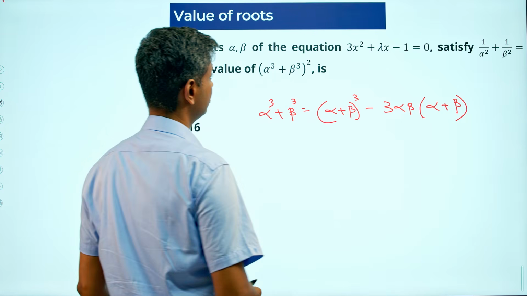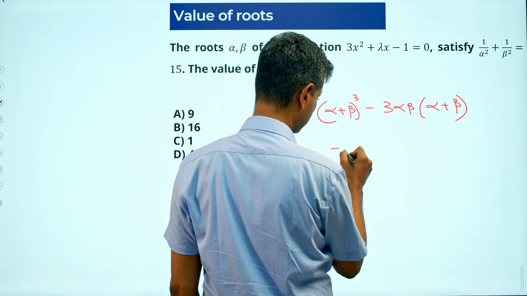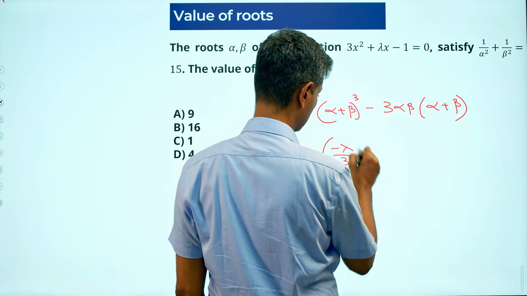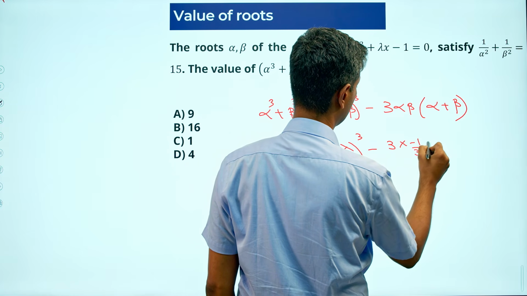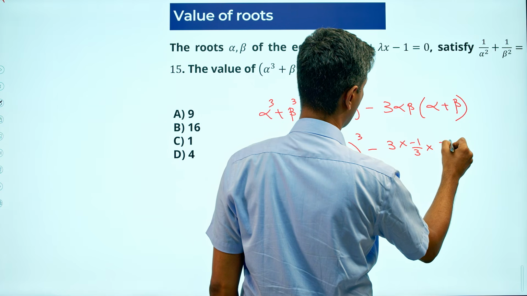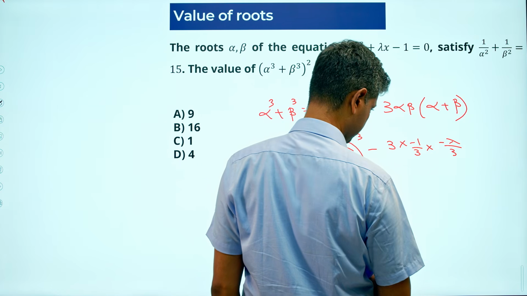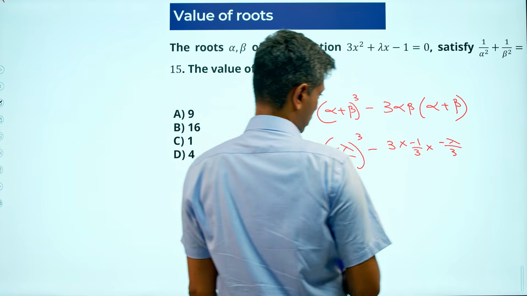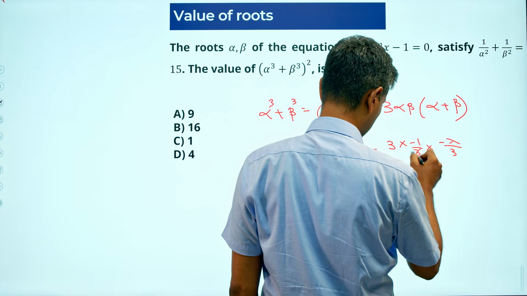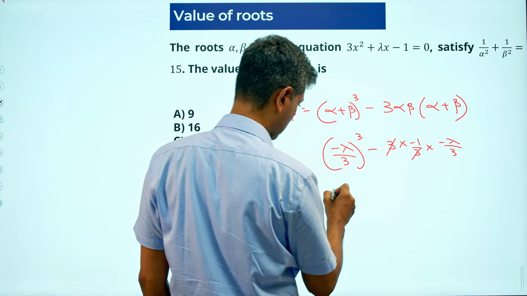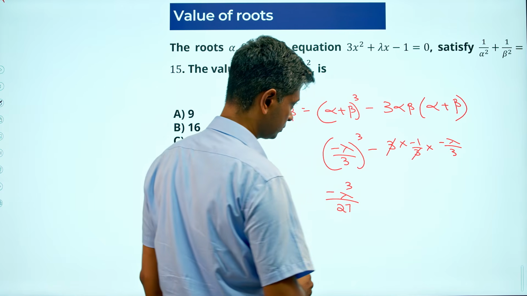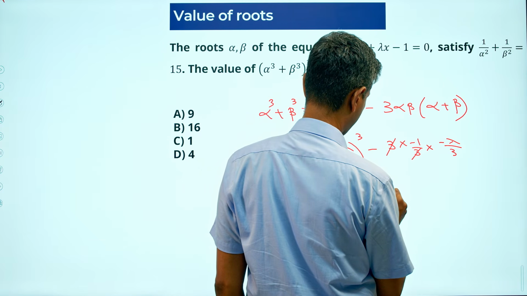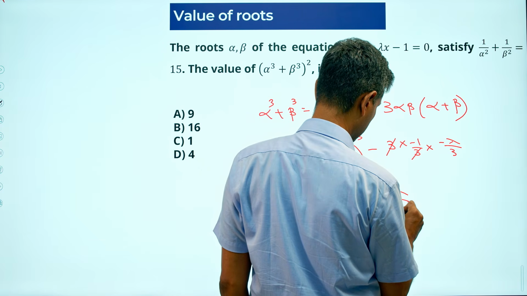Alpha plus beta is minus lambda by 3, minus 3 times minus 1 by 3 into minus lambda by 3. The 3 gets knocked off. This is minus lambda cube by 27 minus lambda by 3.